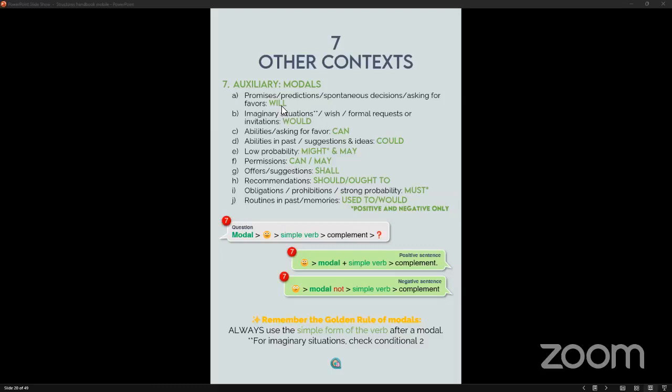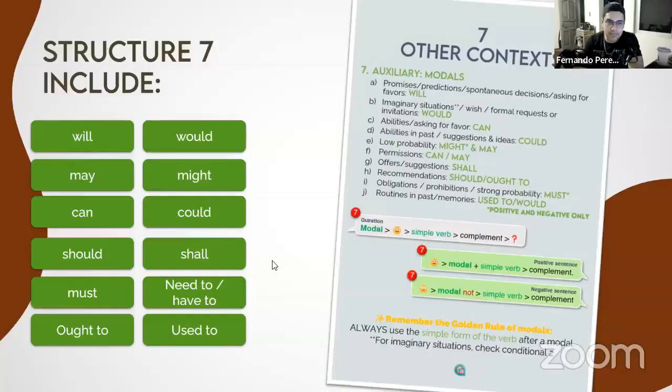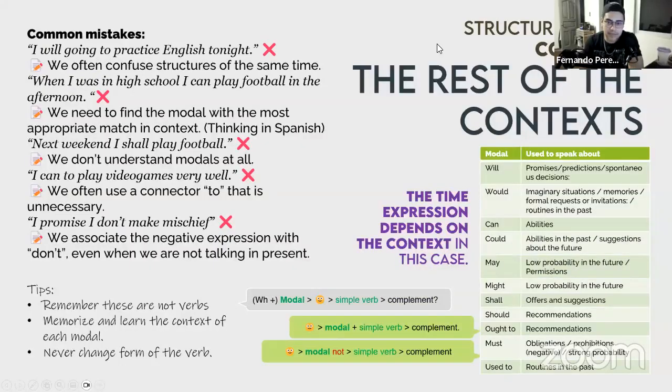So with all the examples that you just gave us, guys, there are very, very common mistakes that happen to us. Common mistakes include, for example, that we often confuse structures of the same time. So saying will, going to, together, this is incorrect.